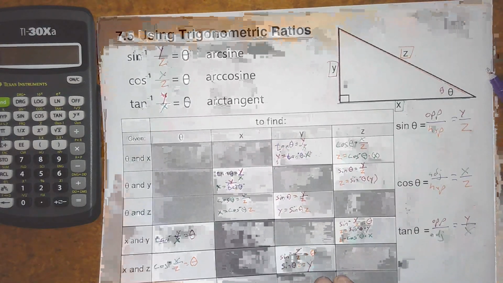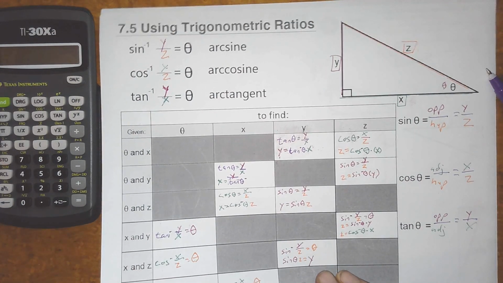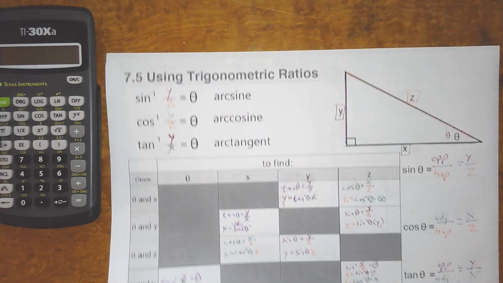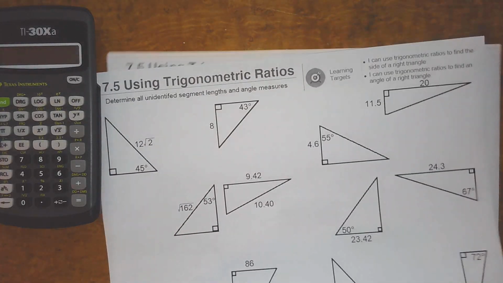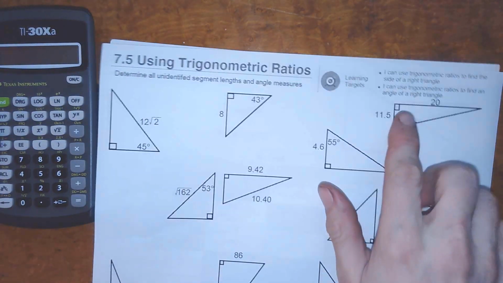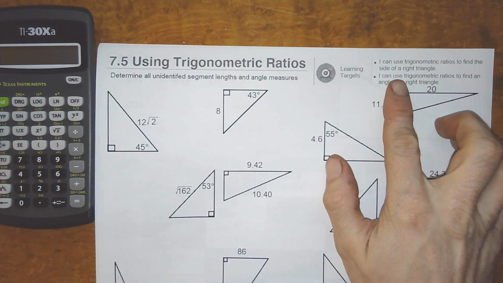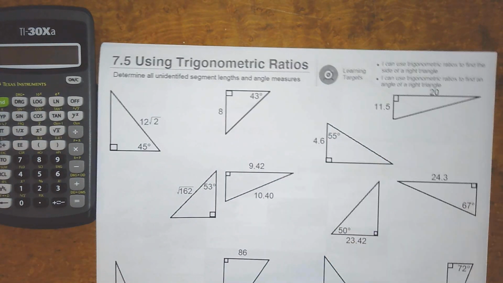Let me show you a few examples, and I won't take them all, but I'll let you guys do the rest, okay? So here, again, there are the topical guide objectives. Use trigonometric ratios to find sides or angles of a right triangle.